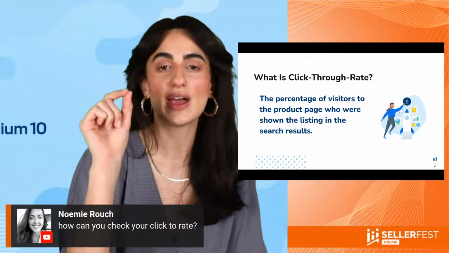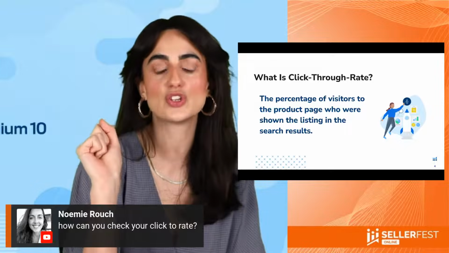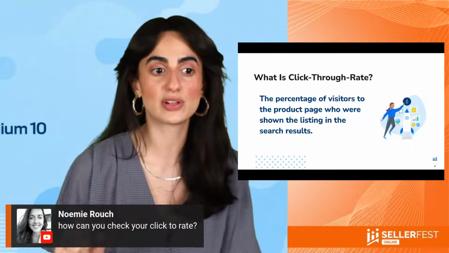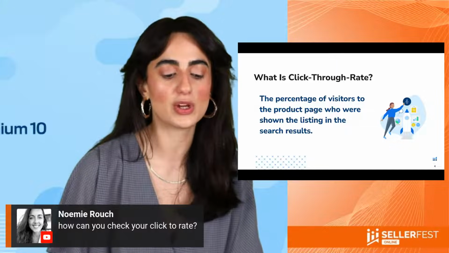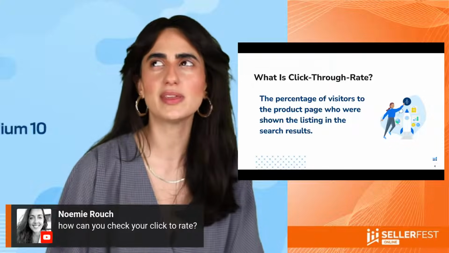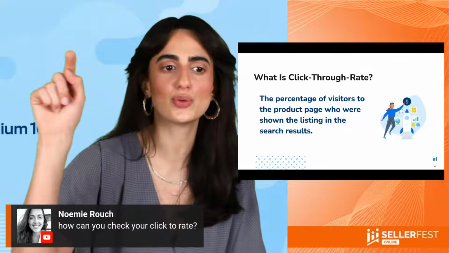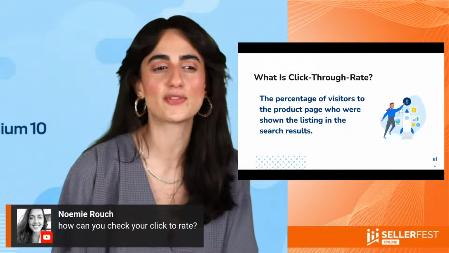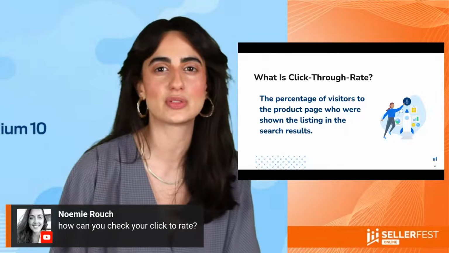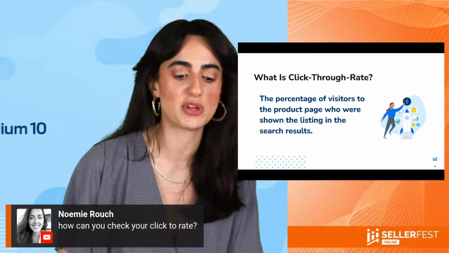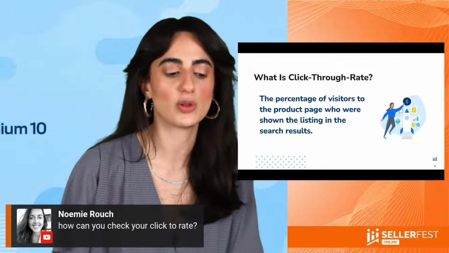You'll have access to your unit session percentage. You'll also have access to click-through rate, and I believe it will give you the exact figure, so you don't have to calculate it yourself. Go into Seller Central, and the part where you see unit session percentage and all that information is where you will be able to tell what the click-through rate is.